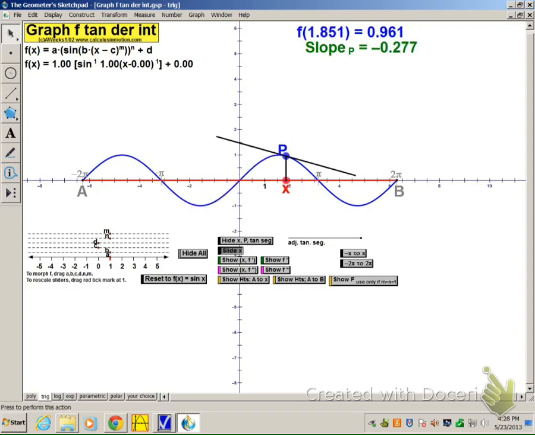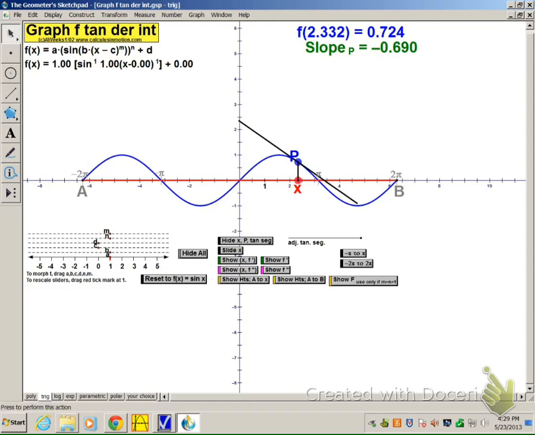But that's the connection. When f prime is positive, here f prime is positive, and we notice that f of x is increasing. Notice here f prime is negative. Well, guess what? f of x is decreasing. So that's the connection.